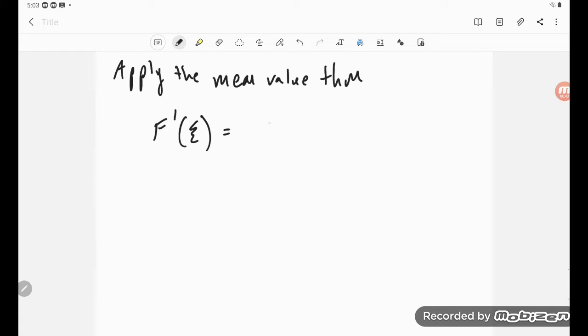It's a Greek letter. F prime of c equals F of b minus F of a over b minus a, for a less than that value c less than b.